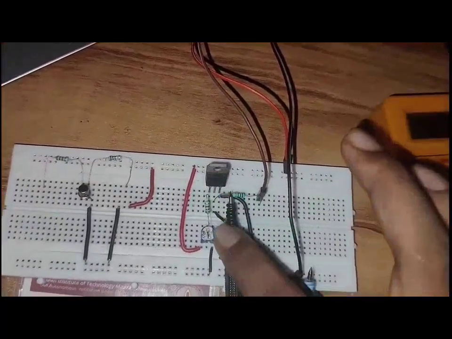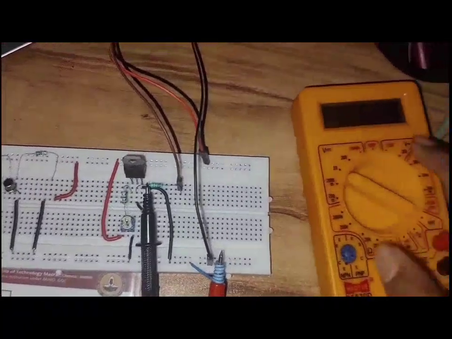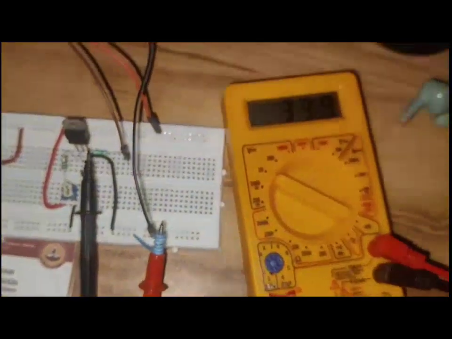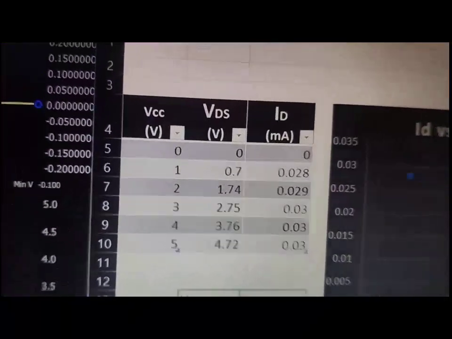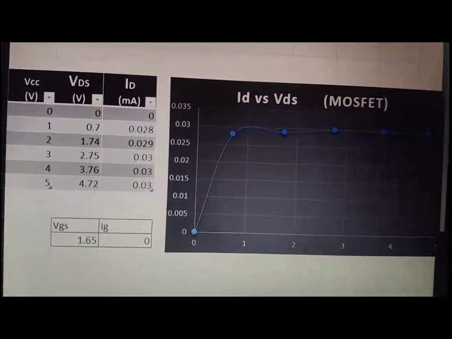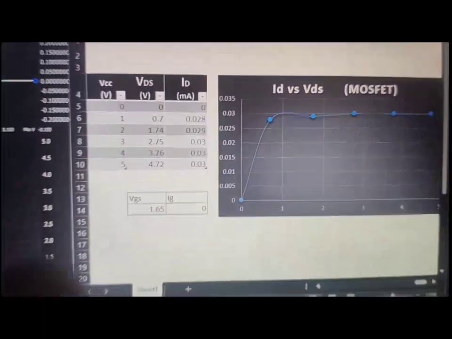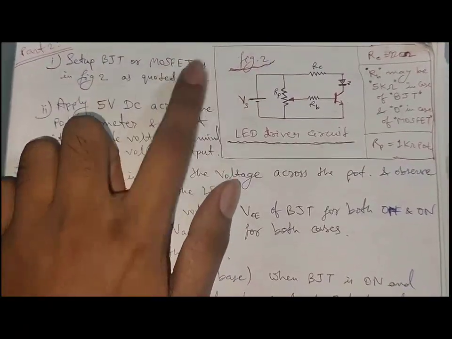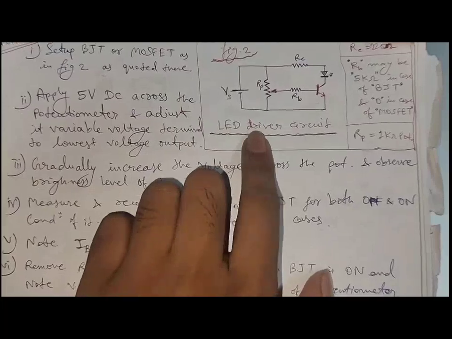You can see the drain and source voltage. Now at 4 volt this is 3.98, and you can see last time 3.76, similar type. You can see the graph ID versus VDS. This is the circuit setup of BJT and MOSFET, and this is the circuit diagram.